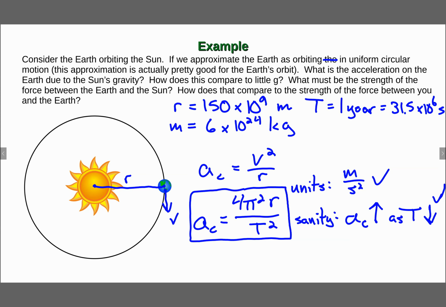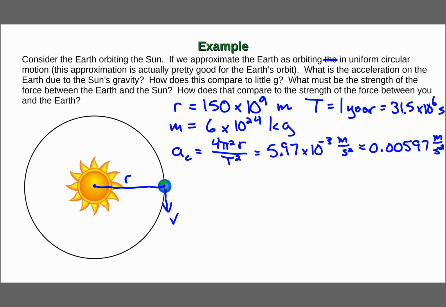So what is this acceleration that the Earth experiences from the gravity of the Sun? If we plug in these numbers, then we get that it's 5.97 times 10 to the minus 3 meters per second squared. So how does this acceleration compare to little g?